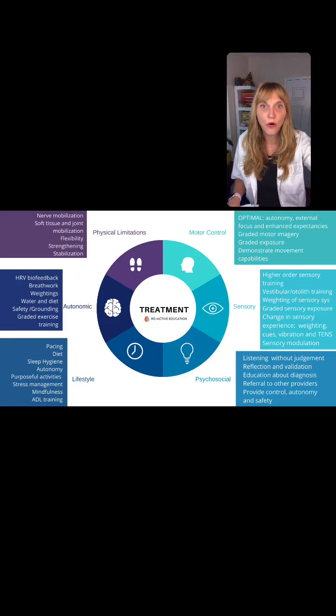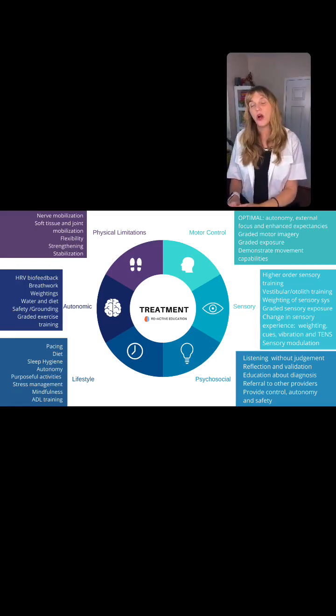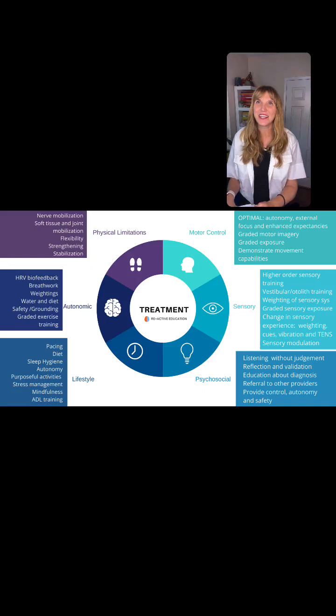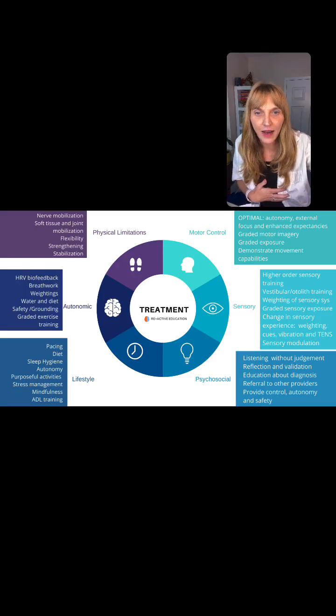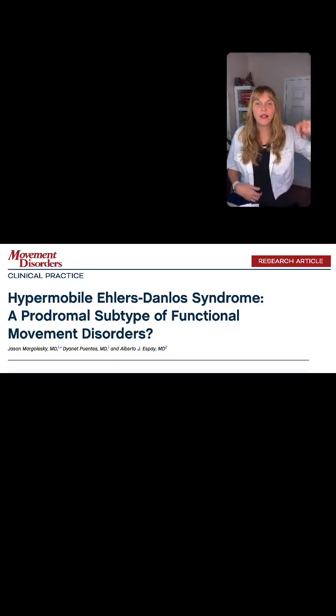What does prodromal mean? Oh, great question. So in response to the last article, prodromal means, that's not a good word for it, but before. So the question that they asked, and let me bring this back up again, is hypermobile Ehlers-Danlos syndrome a prodromal subtype of functional movement disorders, meaning it predated.